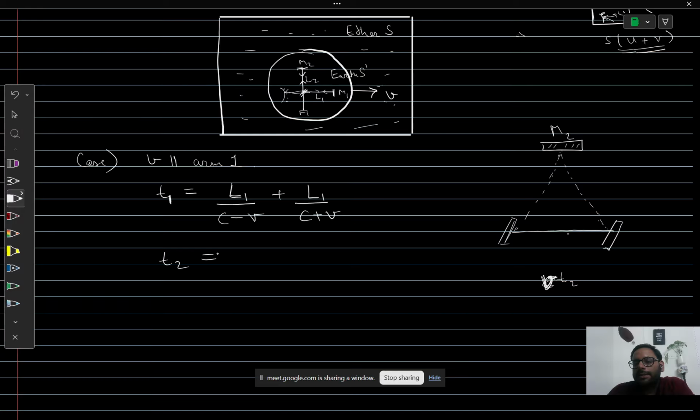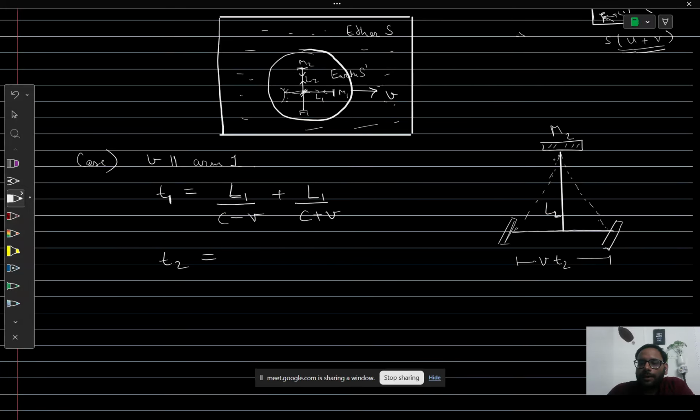This will move some distance vt2. And what is this distance? We know it, it is L2, right?